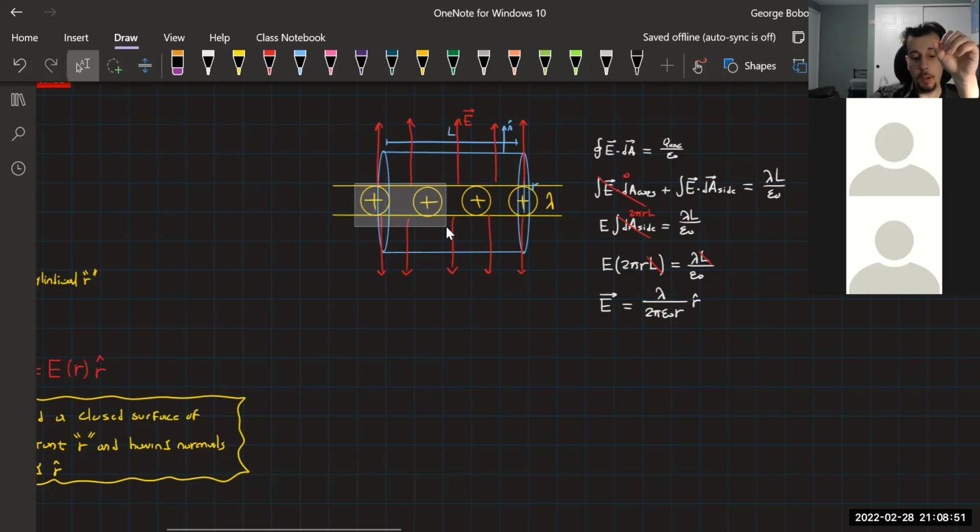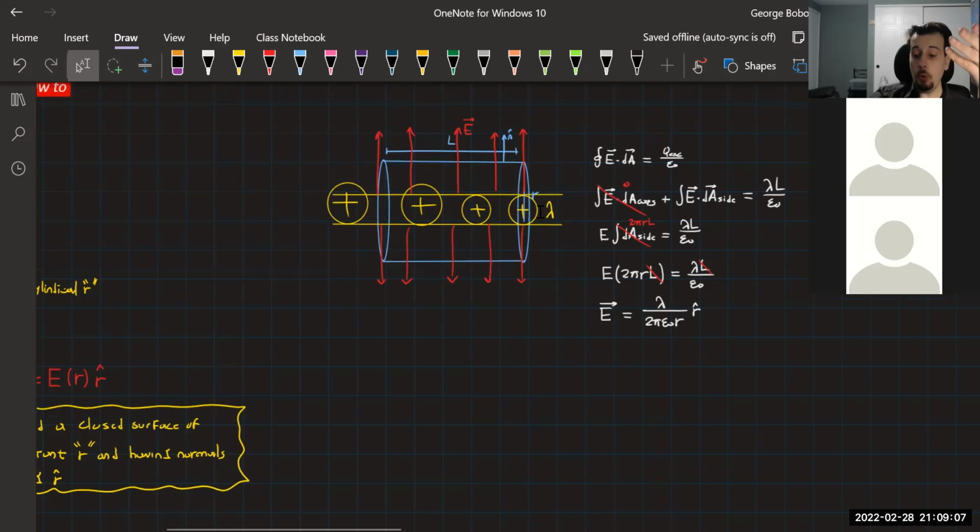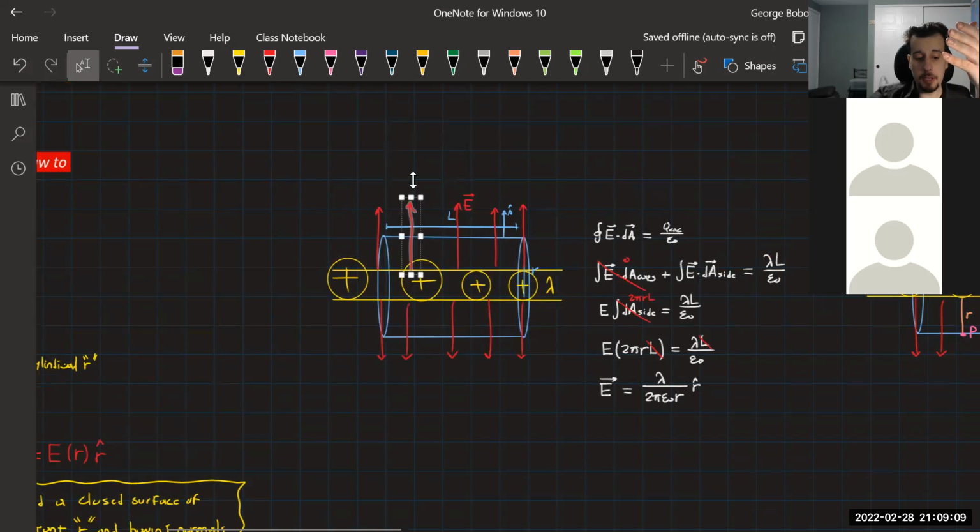If you were pumping these charges as you went to the left, so that I had a linear charge density that increased as I go to the left, then these electric field vectors would grow as we go to the left. This part of the cylinder no longer has the same electric field strength as that part of the cylinder, so we can't pull the field outside. We can't do that because the E field is space dependent now. You see?